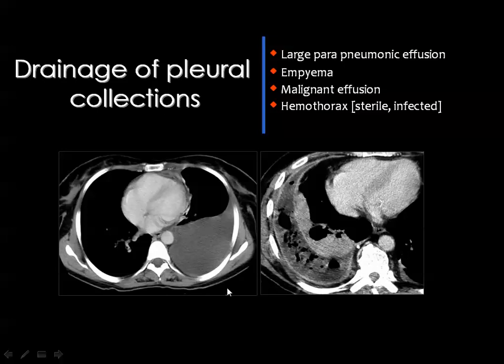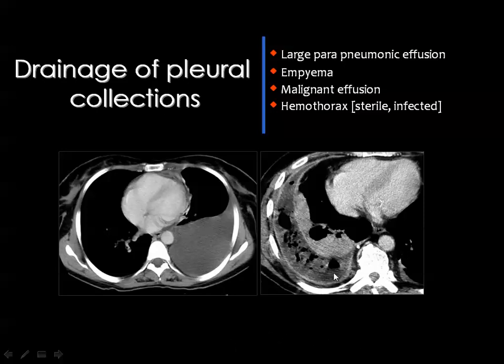Then we put our needle and try to use some valves in order not to introduce air inside the pleural space, and we aspirate as much as we can from this pleural fluid in order to improve the patient's shortness of breath, which is a temporary procedure, not aiming to drain the whole collection.